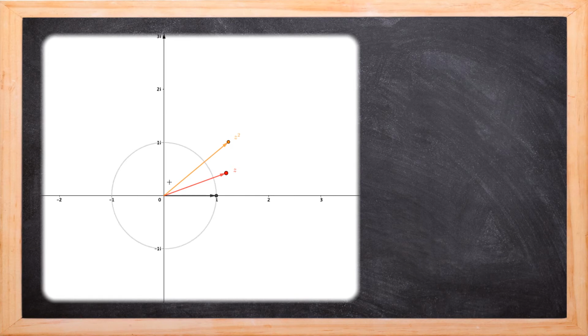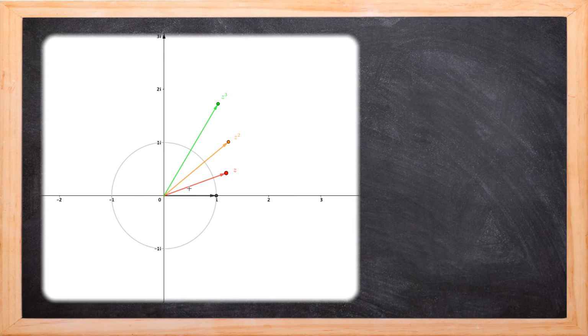There's the unit circle. So z has a modulus of more than 1, and when you multiply by a number that's greater than 1, then your associated vector will lengthen by that factor. And z cubed likewise will be even longer. Now, interesting now to note the angles, the arguments of these vectors.